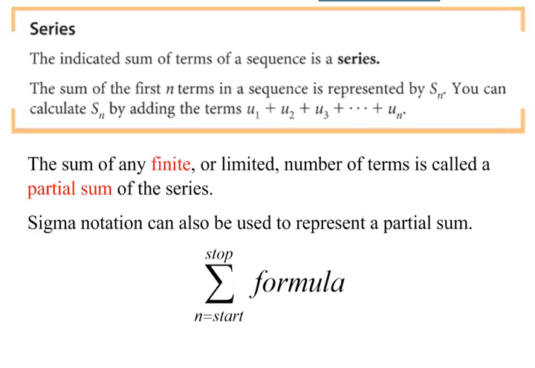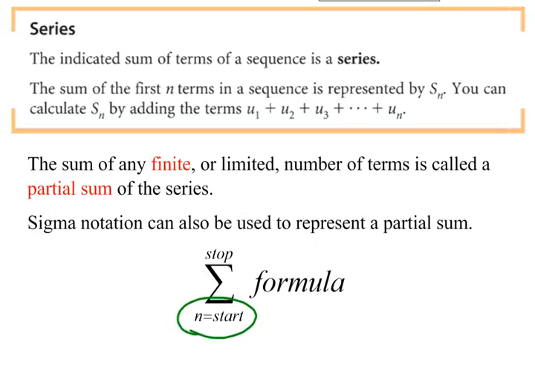Sigma notation can also be used to represent a partial sum. So we already introduced s sub n. Now we're introducing sigma. Sigma is a Greek letter that stands for the sum. Now, whenever we're given a series in sigma notation, you're always going to have on the bottom n equals some number.